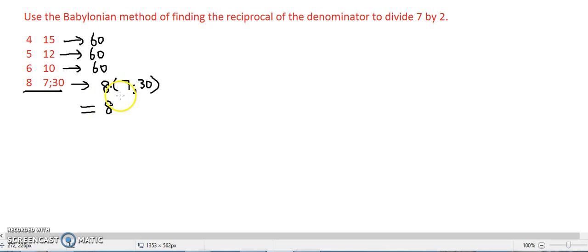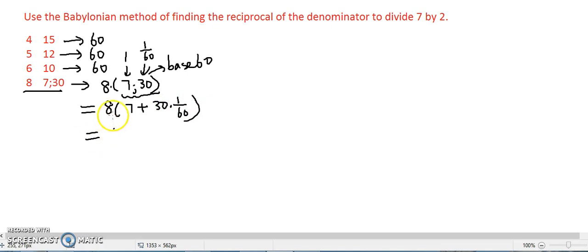If we convert this Babylonian base 60 number to base 10, that would be 7 plus, this has place value 1, this has place value 1 over 60. The semicolon is something the Babylonians did not use. We use it to help separate the decimals from the whole numbers. So 30 times 1 over 60.